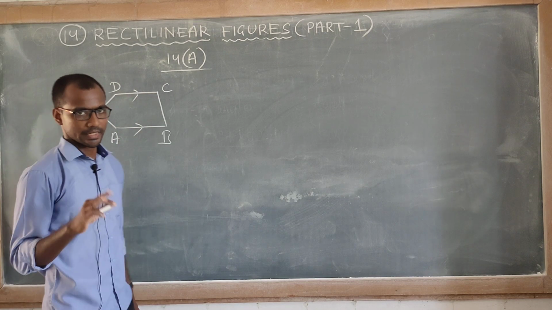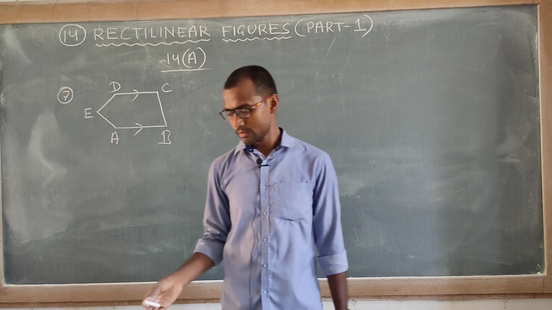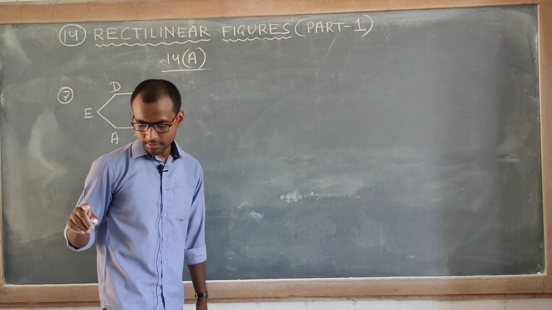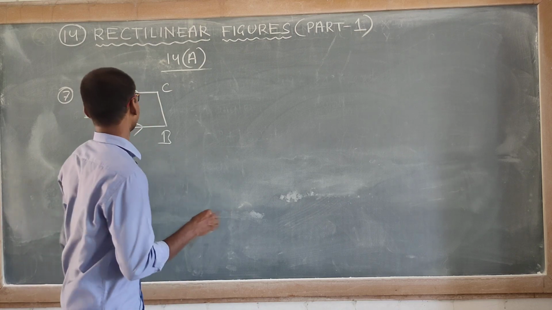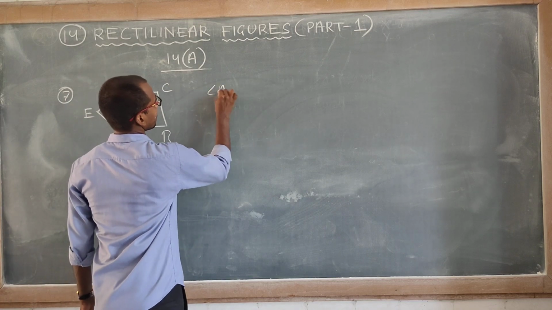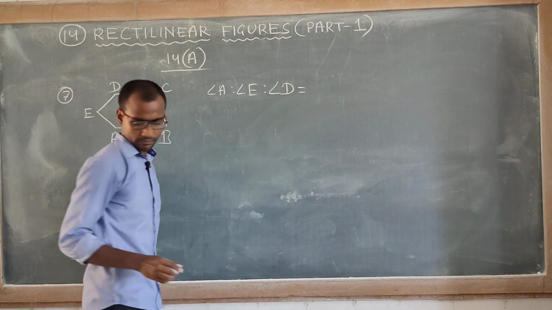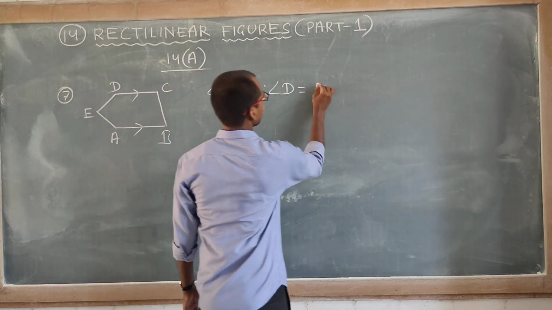I have taken two parallel sides, AB parallel to DC according to the question. Okay, AB parallel to DC. Angle A is to angle E is to angle D is given 3 is to 4 is to 5.